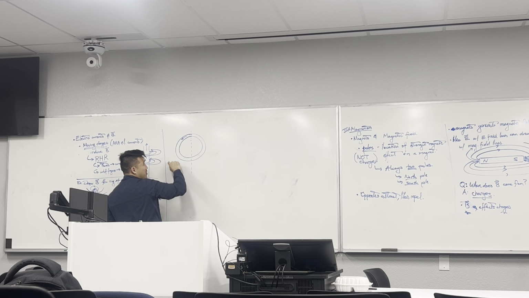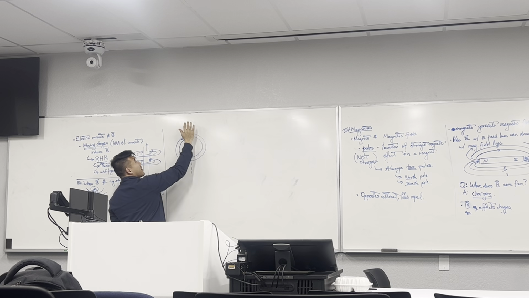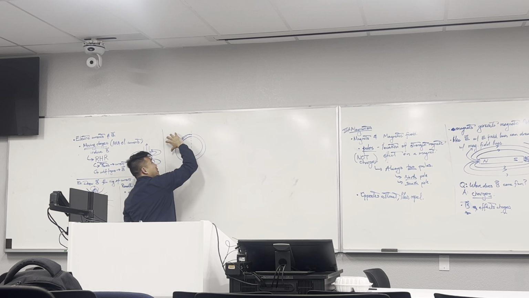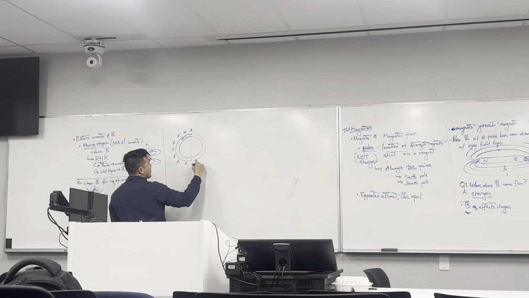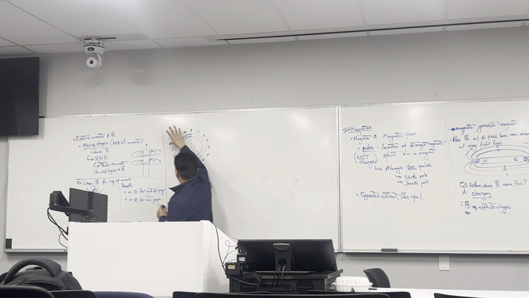If the current's going this way, you take out a right hand. When it's outside of the ring, notice my fingers are going, is it into the page or out of the page? Right, it's into the page, so everything out here would be an X. And you'll get this if you just follow your entire arm around.